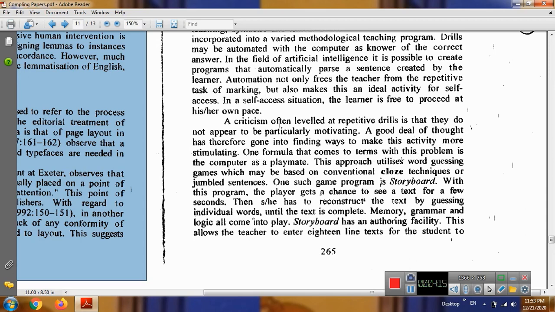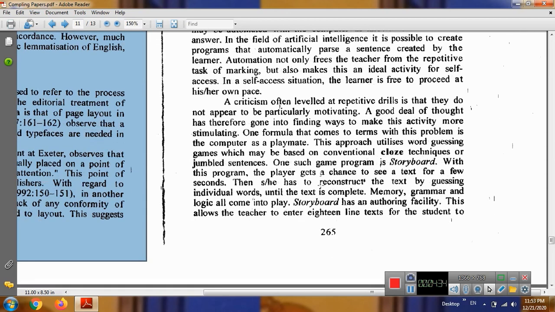One formula that comes to terms with this problem is the computer as a playmate. This approach utilizes word guessing games, which may be based on conventional cloze techniques or jumbled sentences. One such game program is Storyboard. With this program, the player gets a chance to see text for a few seconds.